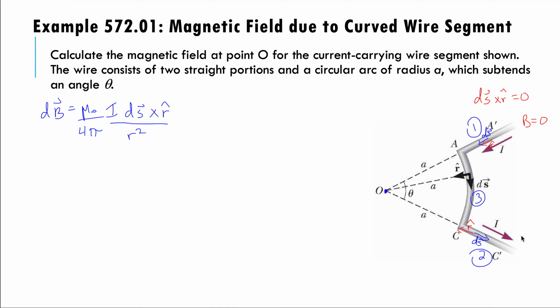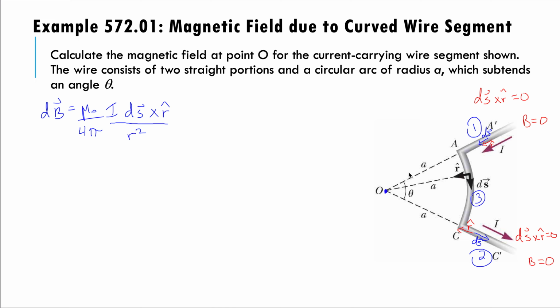And the cross product is still going to be 0 because the angle is 180. Sine of 180 is still 0. So the cross product is still 0. So the field due to this second segment here is also 0.